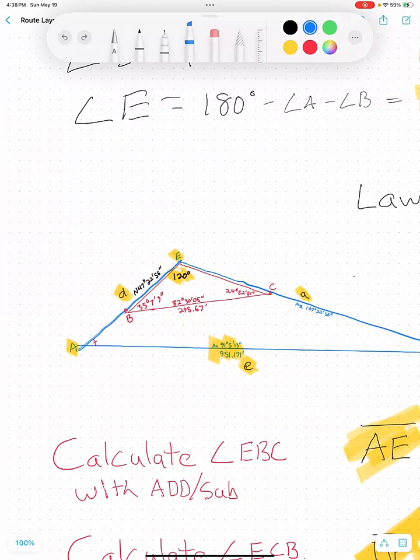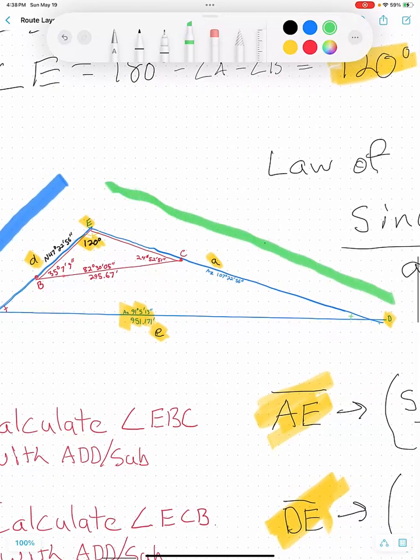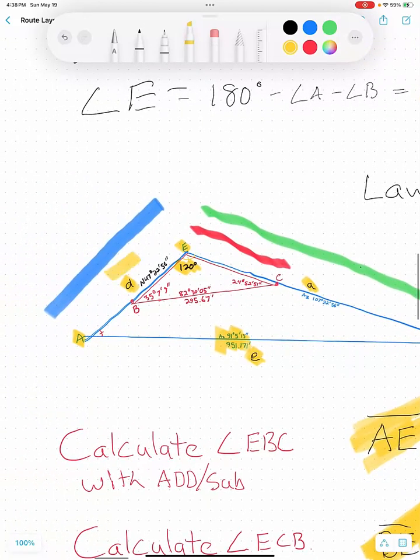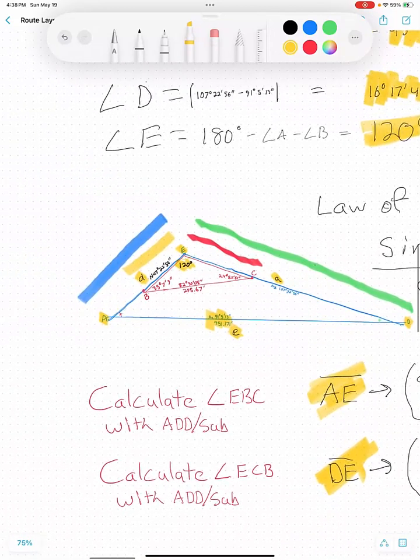And those correspond to this, this, and that. Okay? So once we have those, then we can actually just use subtraction to be able to find that one.